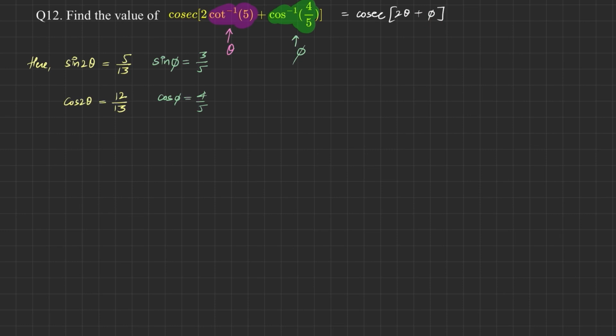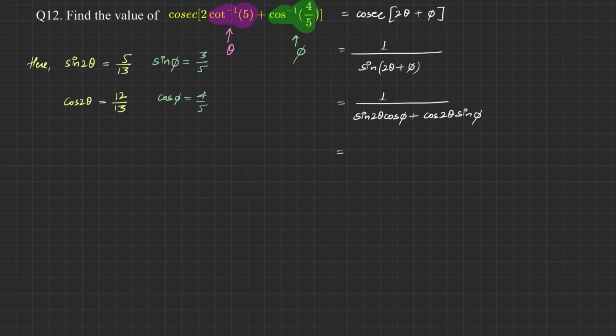Cosec is the inverse of sine, so I can write this as 1 over sine of 2 theta plus phi, and this is in the form of sine a plus b, so we will use that formula. So it will be 1 by sine a cos b plus cos a sine b.